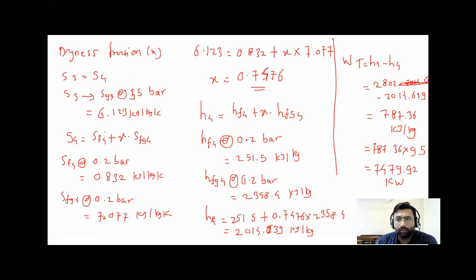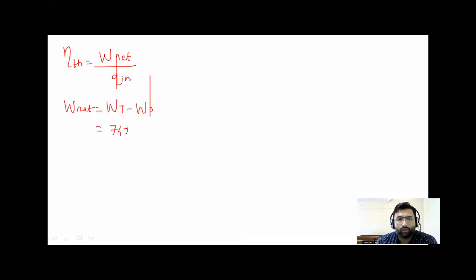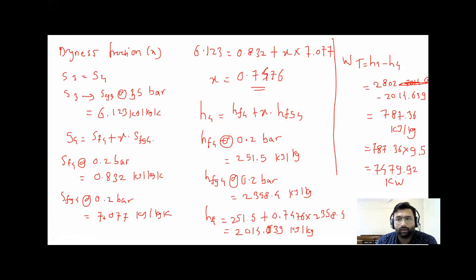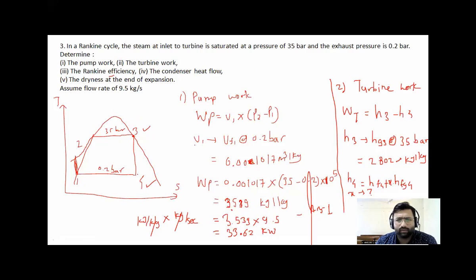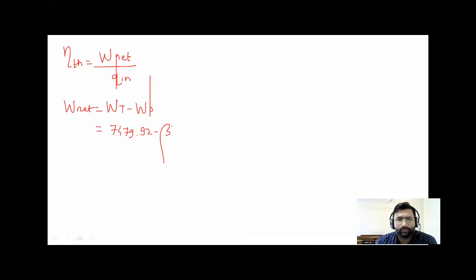Turbine work is 7479.92 minus 33.62. So calculate this: 7446.3 kilowatt, correct.